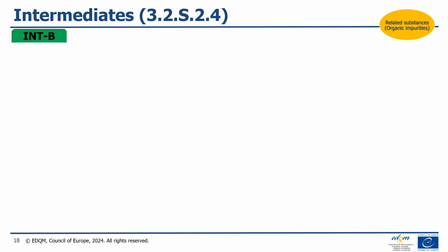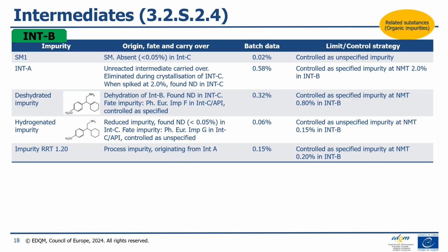For intermediate B, the same can be performed. Starting material 1 is present at very low level, so it will be controlled as an unspecified impurity. Intermediate A is the unreacted intermediate carried over. It's eliminated during the crystallization in the next intermediate C. When spiked at 2% in intermediate B, it is not detected in intermediate C, and no fate impurities are found.